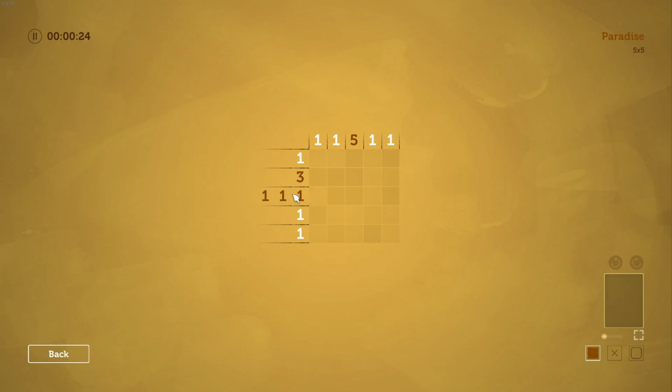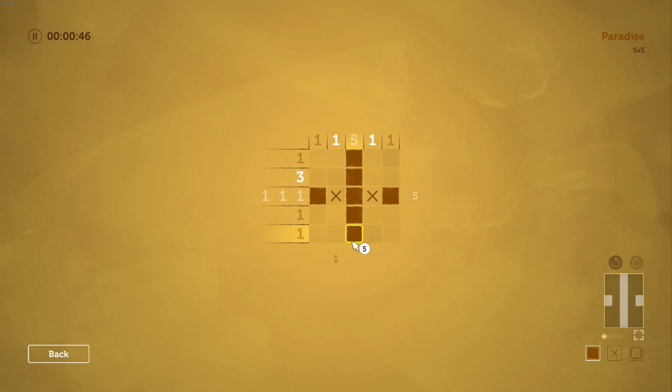For example, this one, third row down, it has 3 ones. So each of those is a cell painted in, some amount of space before one more cell painted in, another gap, and then another cell painted in. So that finishes that clue.